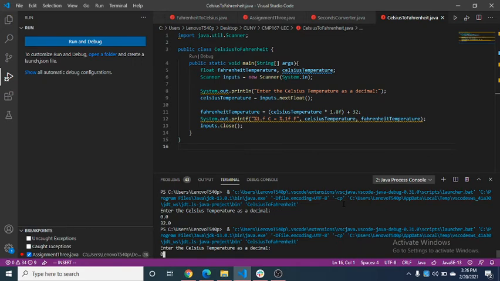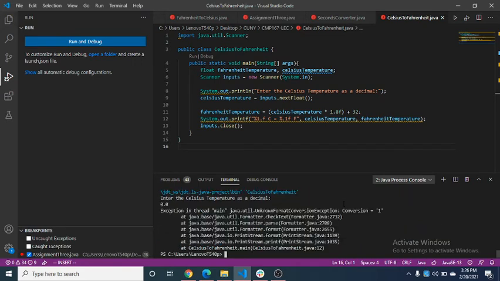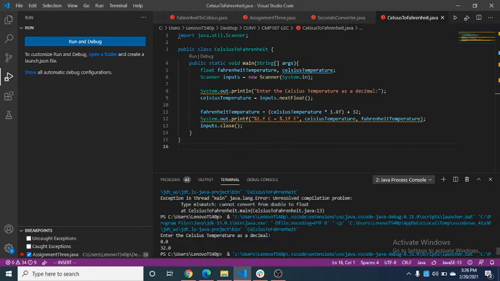Let's use our test case again. Okay, so there's an error here. It crashed. I wonder why. Let's debug.